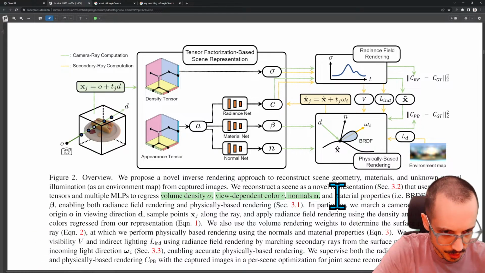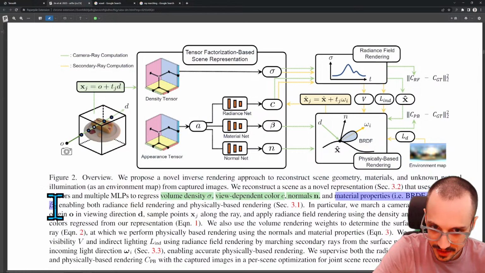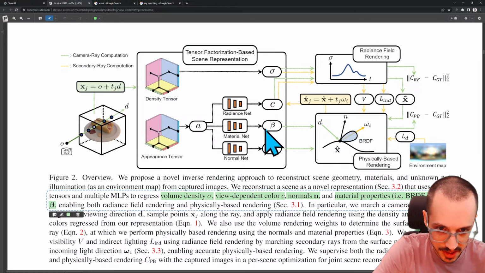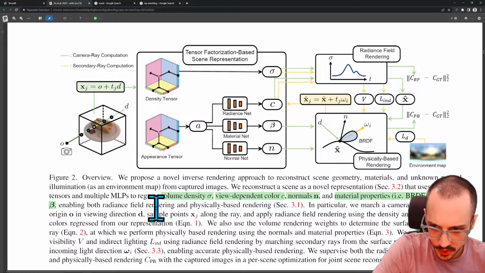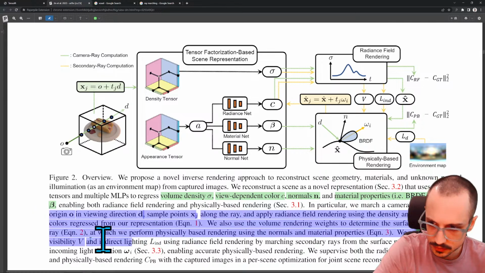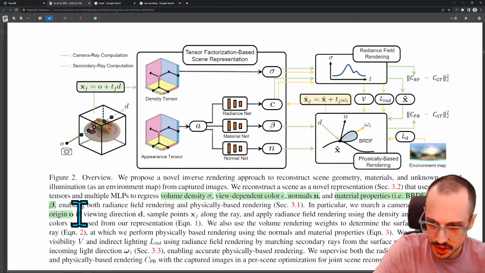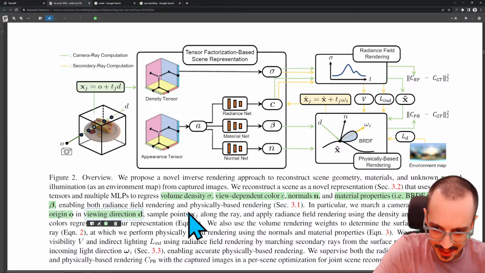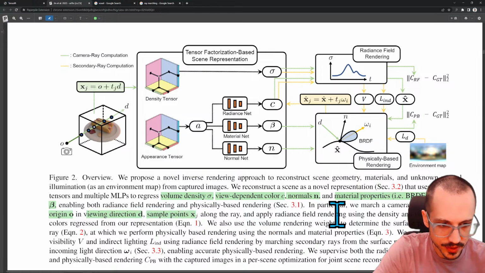So those are the material properties. Beta, that's this, right? The material net predicts the material properties, enabling both radiance field rendering and physically based rendering. In particular, we march a camera ray from a camera origin O in viewing direction D, sampling points xj along the ray, and applying radiance field rendering using the density and view dependent colors regressed from our representation.